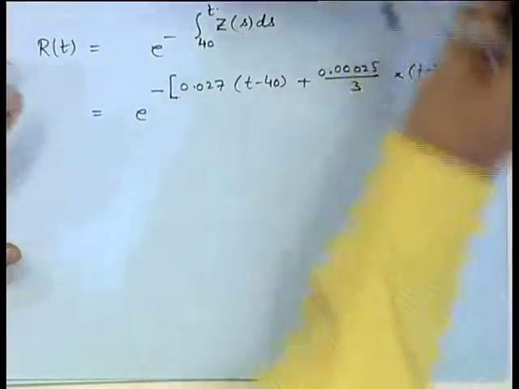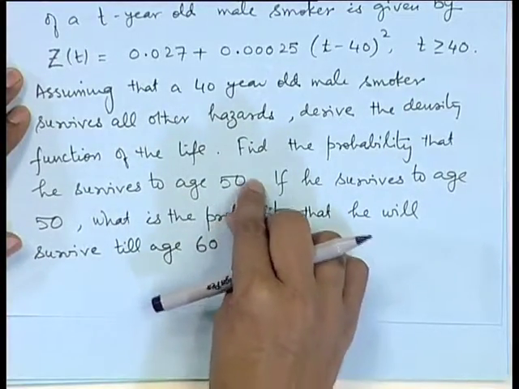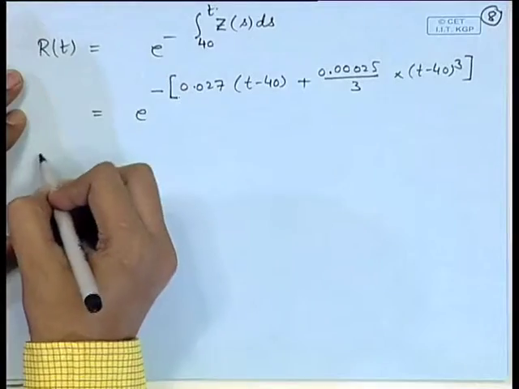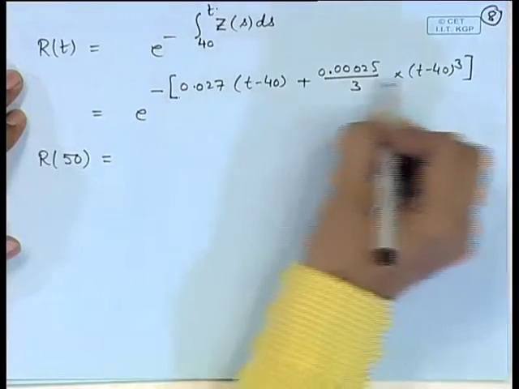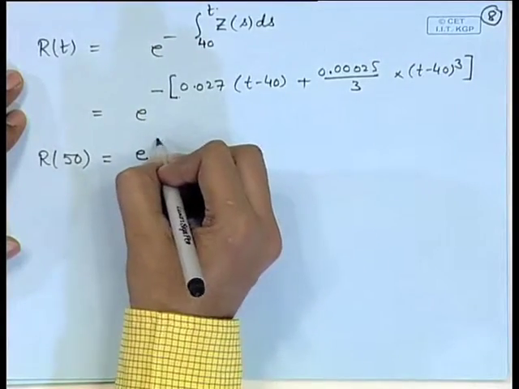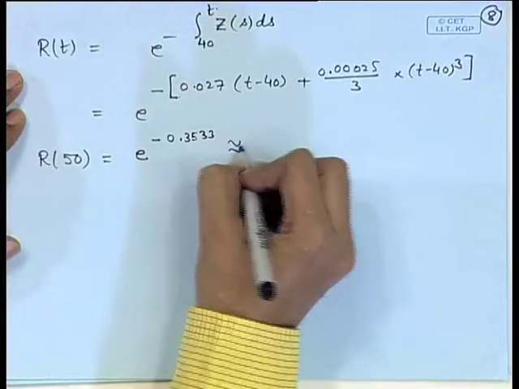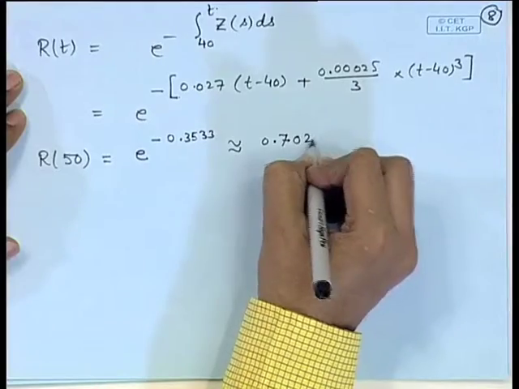So, one question was asked: find the probability that he survives to age 50. That means, the reliability at t equal to 50. So, once we have the reliability function, we can calculate R 50, which is obtained by substituting t equal to 50 here. After evaluation it turns out to be e to the power minus 0.3533, which is approximately 0.702343.